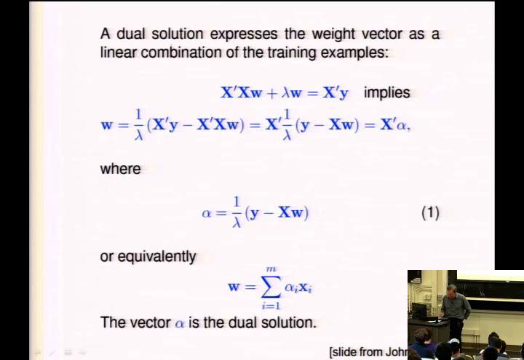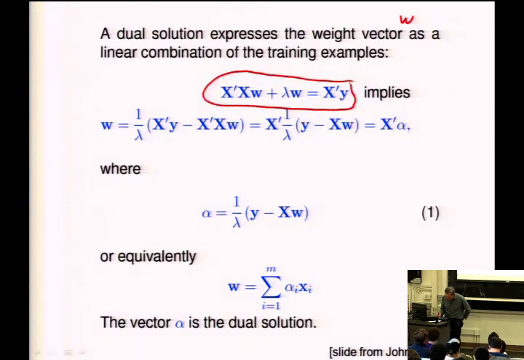But the key thing, again, is that the dual solution expresses the weight vector W as a linear combination of the training examples, as we said. This is the expression that we get when we solve for W in the primal form. This is an expression that relates W to X's and Y's.